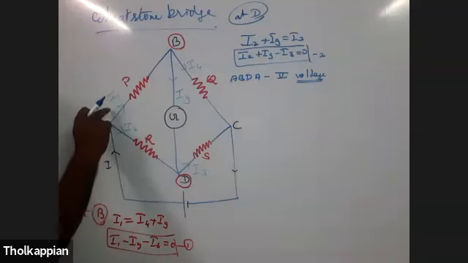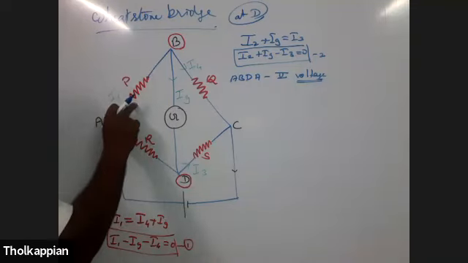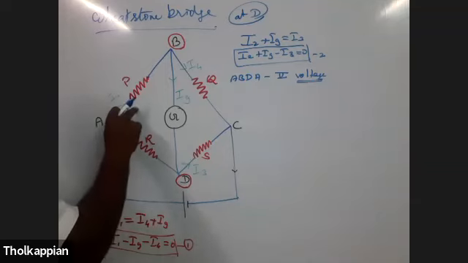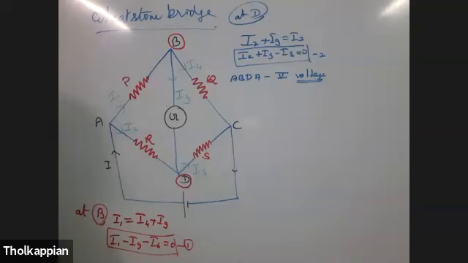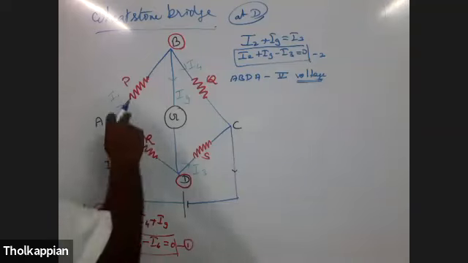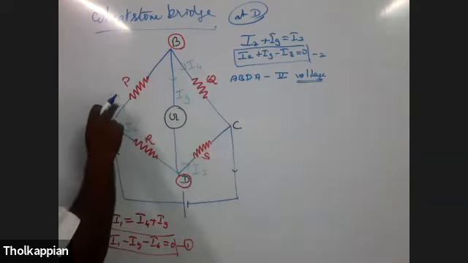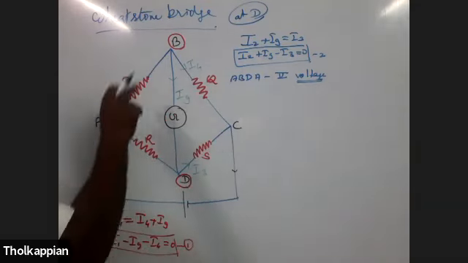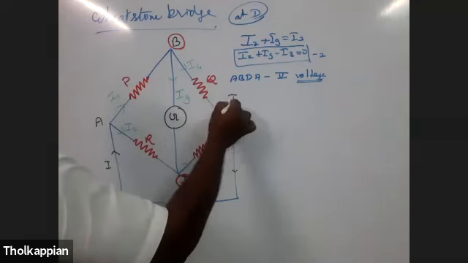The algebraic sum of the products of current and resistance in a closed circuit is equal to the algebraic sum of the EMF in the circuit. Here no cell is connected in this loop, but current is flowing.